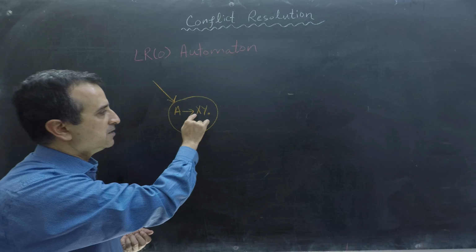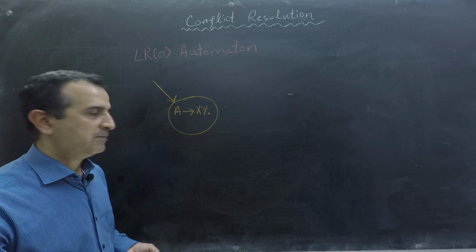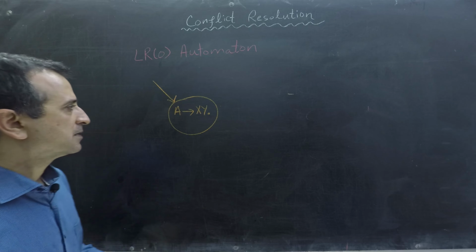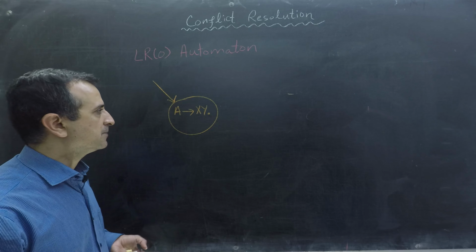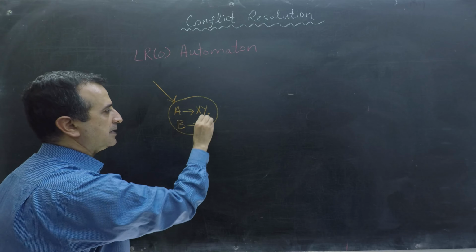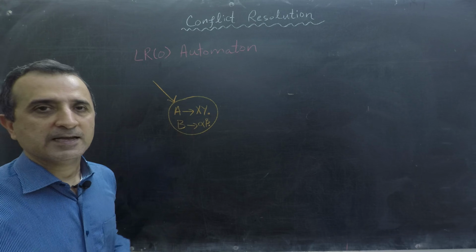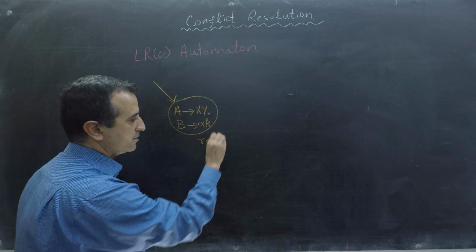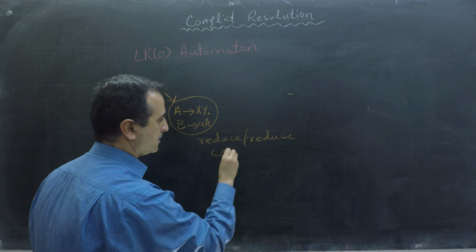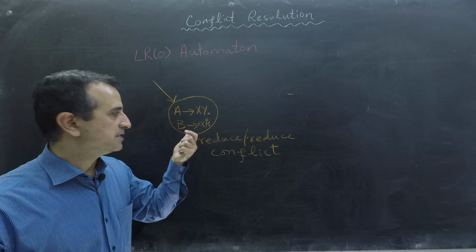That means we have seen the whole production and we can use that production for reduction. I will explain it better with an example, but for the moment we are only considering a high-level view. So another reduce production in this state could be B goes to alpha beta dot, and the dot must be at the end. So in this case, this state has a reduce-reduce conflict. That means we can do two different kinds of reductions using this state.